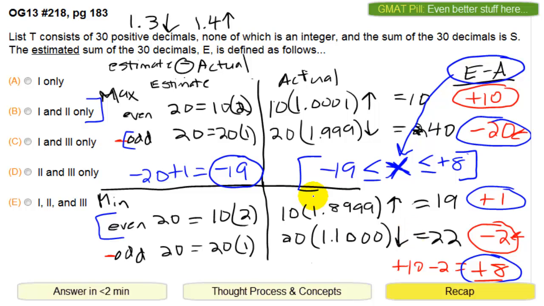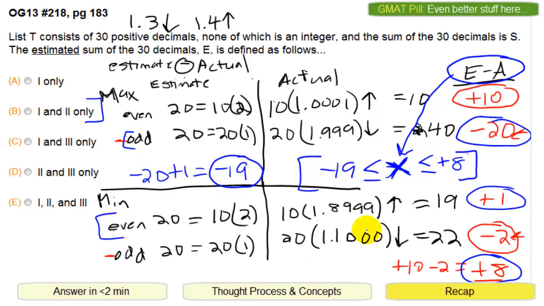As a recap, this question asked us what is the difference between estimate and actual. We created a chart, estimate and actual. We picked 4 values that we could test that show the extreme on one end and also the minimum, and then we calculated the difference E minus A for each of these situations.